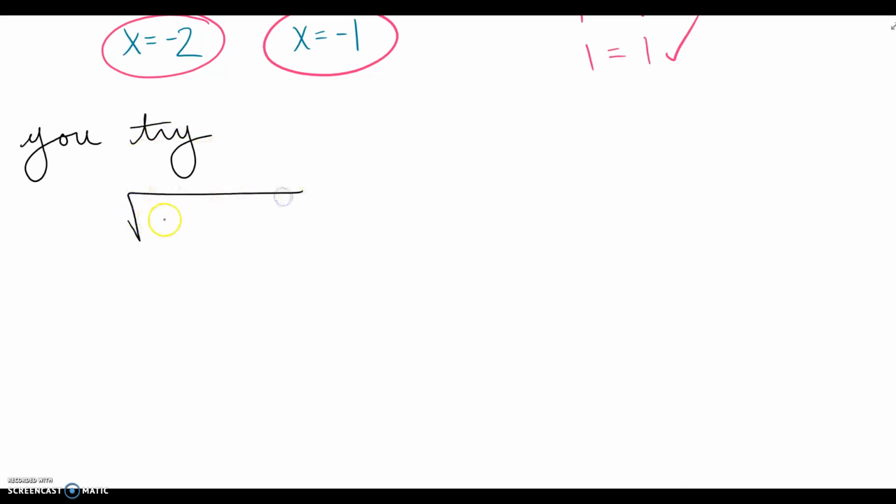So square root of 3x minus 2, I feel like I made that a little long, equals x minus 4. So pause the video and try to do this with your group mates.